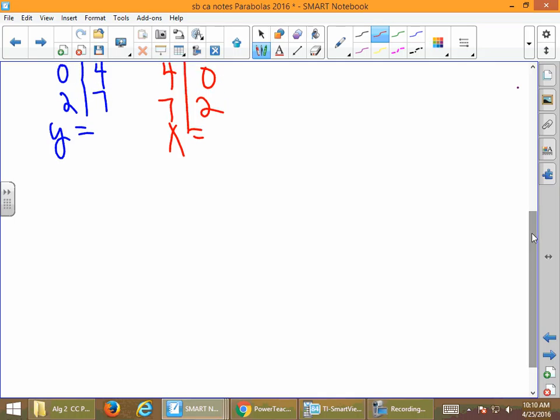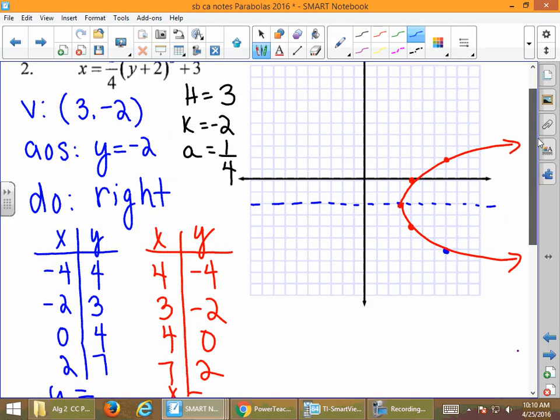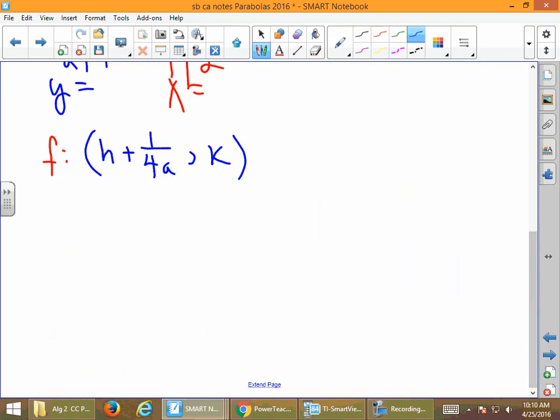our focus point, and I think I've been writing in blue, so I'll switch back to blue. Looking on our chart, the focus point is h plus 1 over 4a, comma k. And we identified the fact that our h is 3 plus 1 divided by 4 times our a value here.